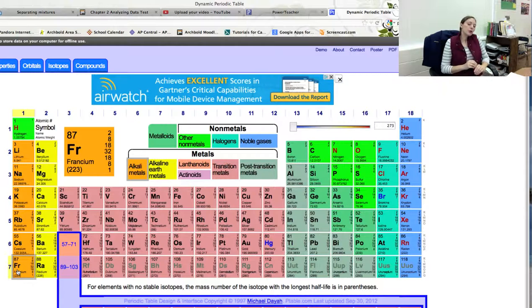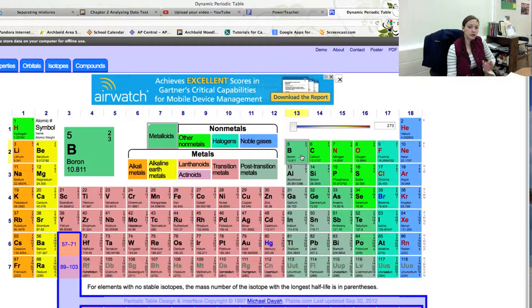Now we're going to look a little more closely at our periodic table as to what's a metal, a nonmetal, and a metalloid, and how to read it. This table goes into a little more depth than we need. But everything to the left of these light green ones, which are metalloids, highlighted there in the middle of the page, those are metals.